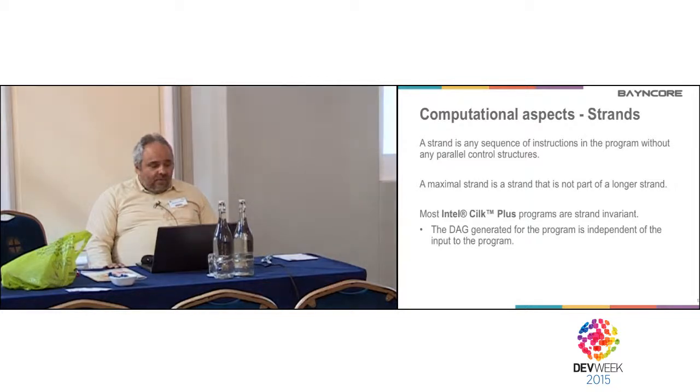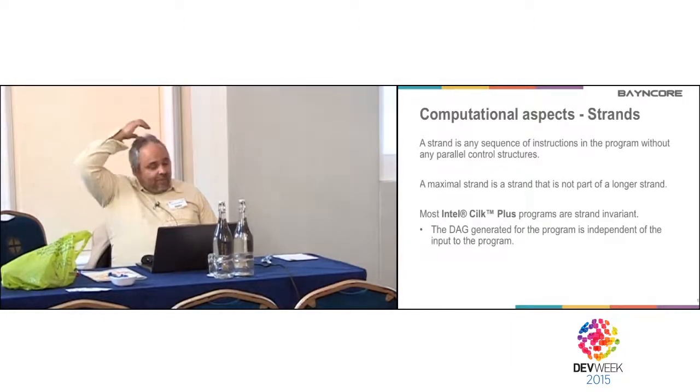Onto a little bit more theory and conceptualization. So we talked about threads. A strand is a related concept. A strand is a sequence of instructions in a program without any parallel control structures. And a maximal strand is a strand that is not part of a longer strand.